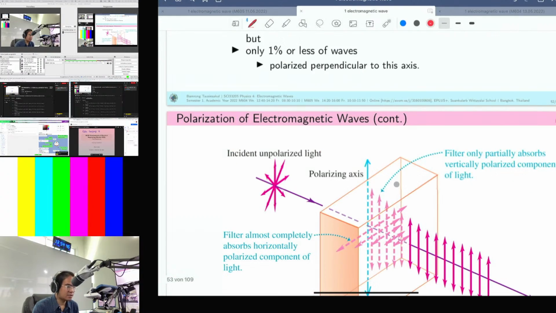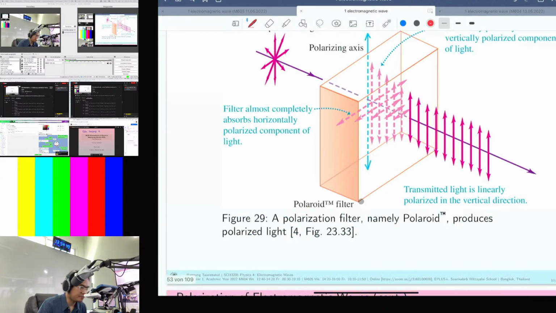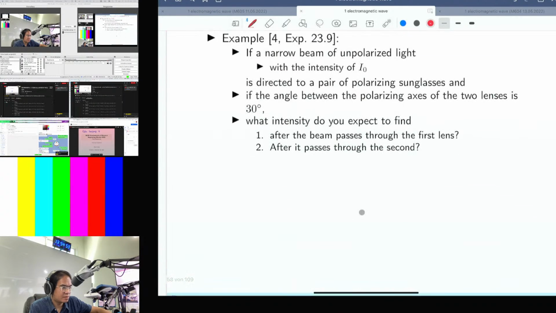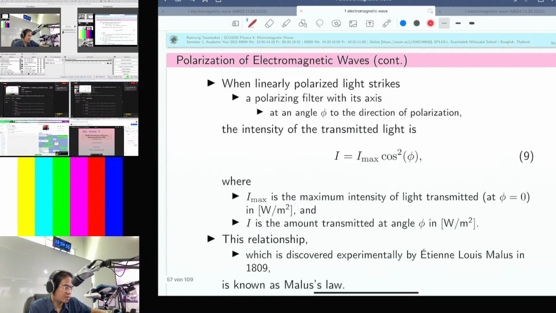Cosine square means the deviation once you have the orientation by phi from the vertical line. I max is the maximum intensity of the light transmitted at phi equals 0, and the unit is watt per square meter, right?